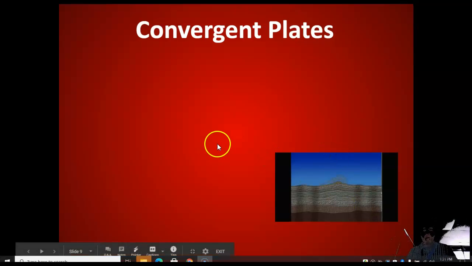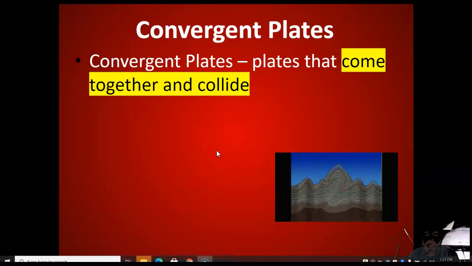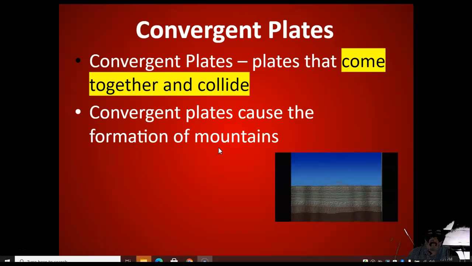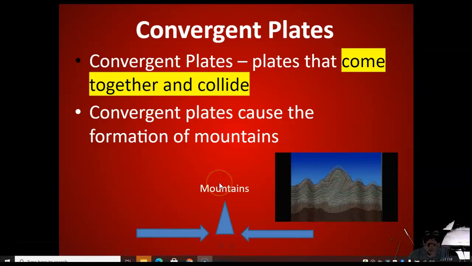And that's how mountains form. Convergent plates are plates that come together and they basically collide. Convergent plates cause the formation of mountains, such as the tallest mountain on Earth, which is Mount Everest, which we'll talk about in just a second. So when you think of convergent plates, think mountain building.